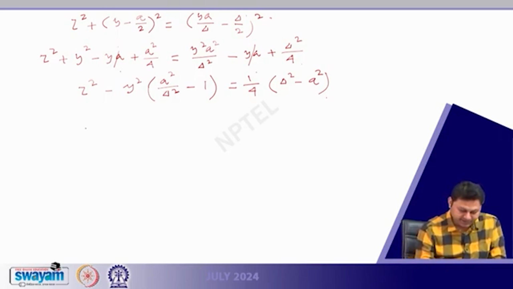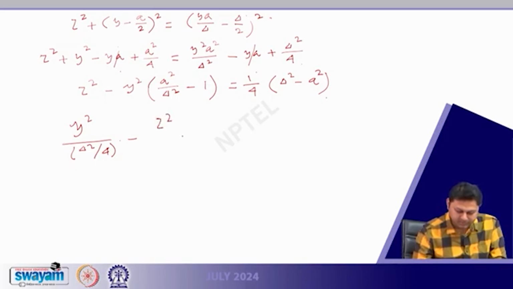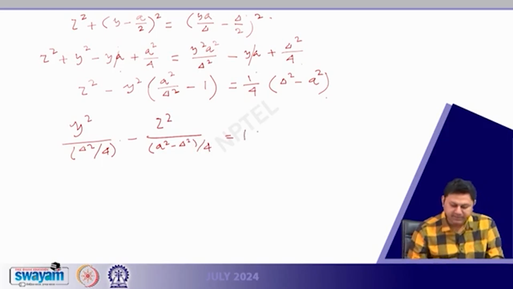So I can rearrange these things and I can have an expression like y square divided by delta square by 4 minus z square divided by a square minus delta square, whole divided by 4, is equal to 1. Just dividing everything and rearranging, we can simply get this.